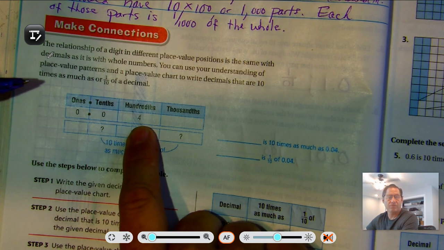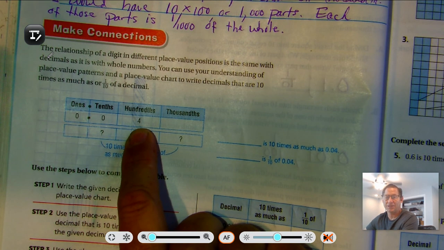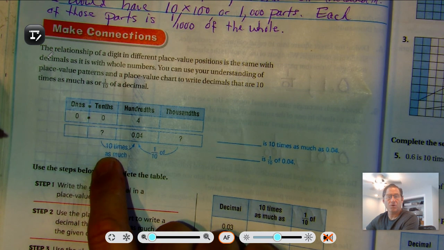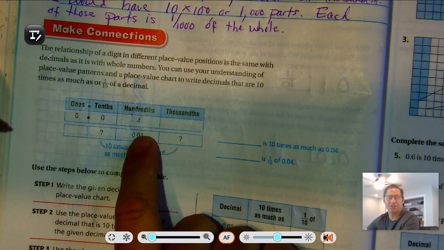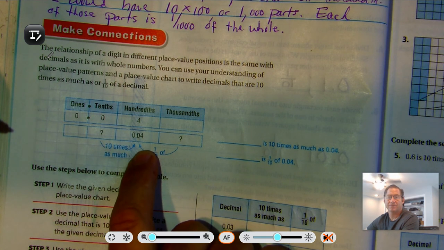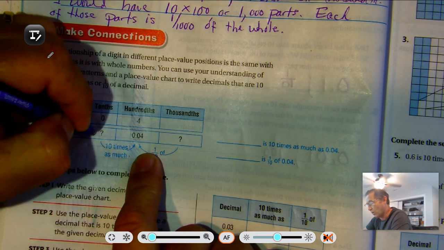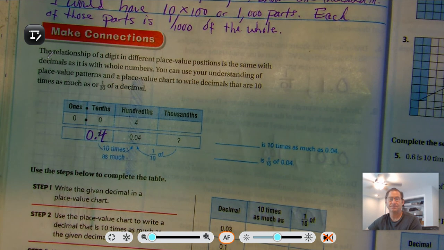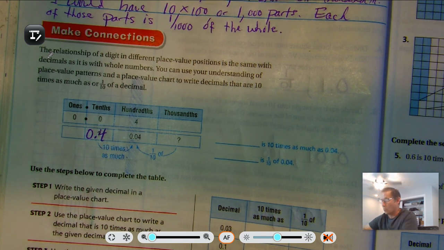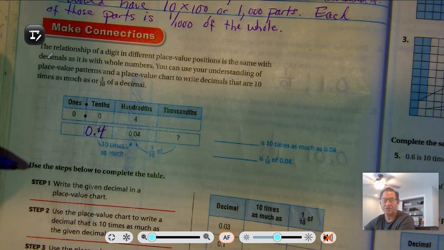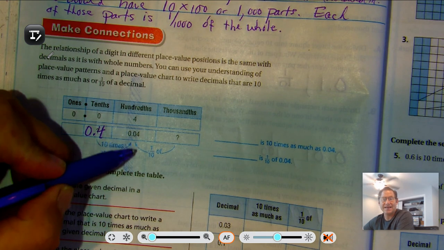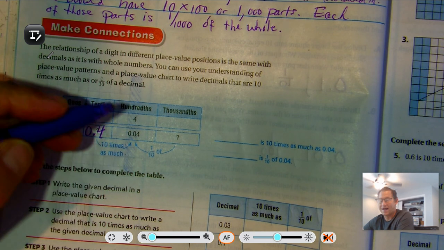So here we have a number written as 4/100. If we were to go 10 times as much as 4/100, that would be 4/10. And 1/10 of the hundredths, in other words, if we took the hundredths and split them into 10 more parts each, we would have thousandths.